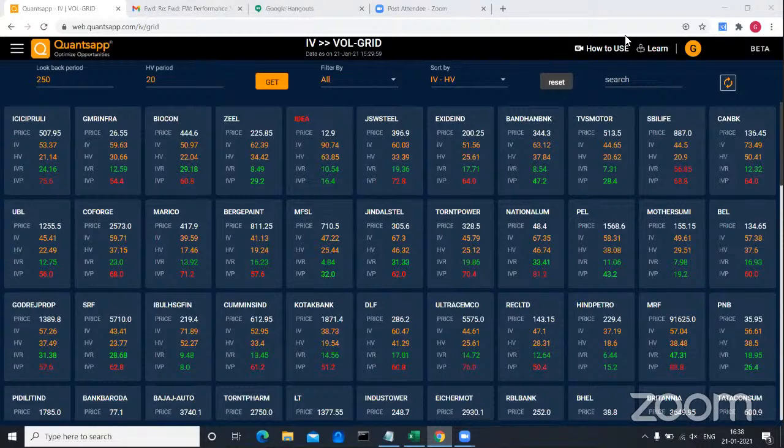So volatility tells a likely movement, please keep this point in mind, a likely movement in the security prices or in the stock prices.